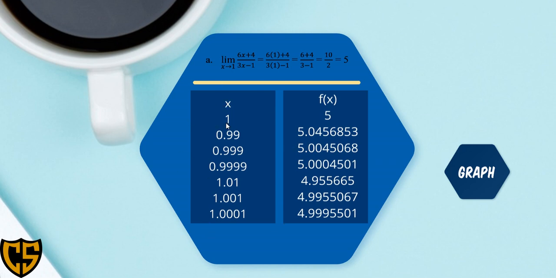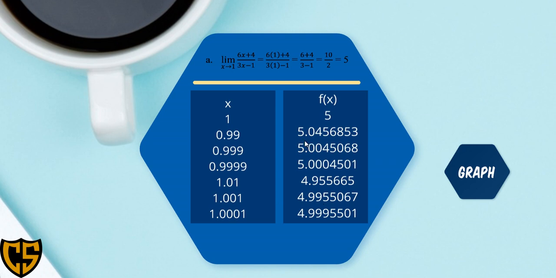So we have x approaching 1. The values on top are approaching from the left: 0.99, 0.999, and 0.9999. The values below are 1.01, 1.001, and 1.0001. They are approaching from the right.